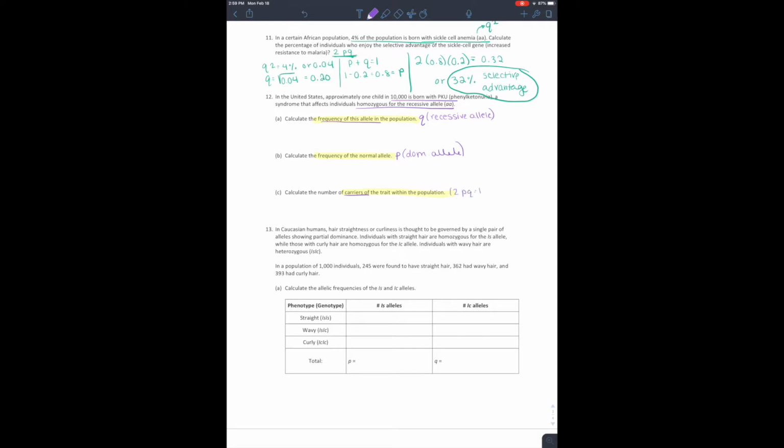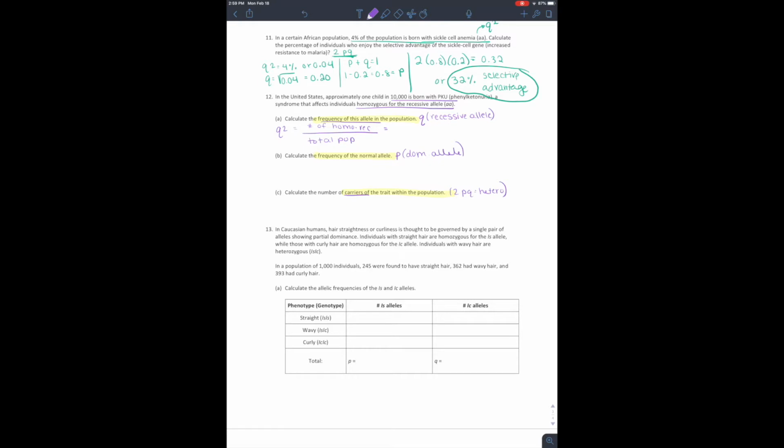2PQ is heterozygous. Okay, so let's start with part A. It tells us that 1 in 10,000 kids are born with PKU. So Q squared is the number of homozygous recessive divided by the total population.